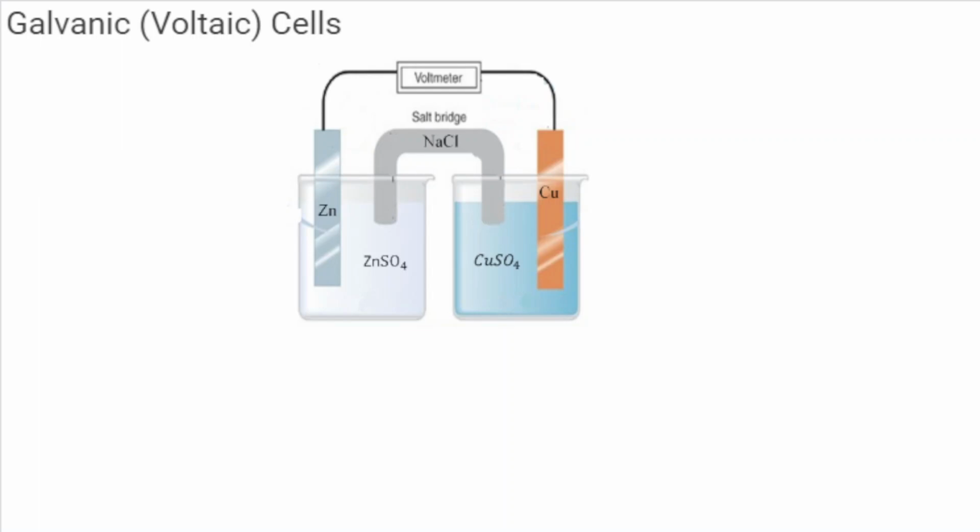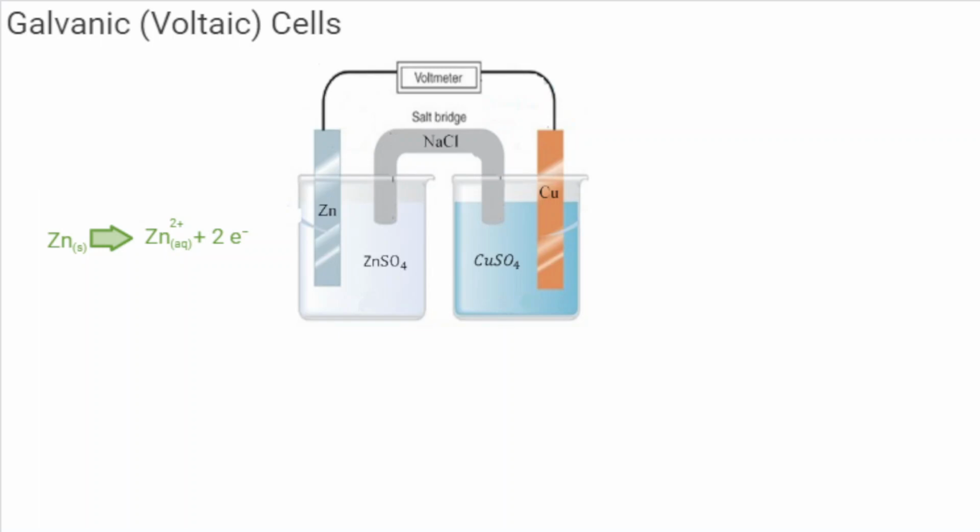So when we're looking at this galvanic cell, there's a couple things that are going to occur. On the left side here, we're going to undergo a reaction where we have zinc solid breaking up into zinc 2 plus and 2 electrons.